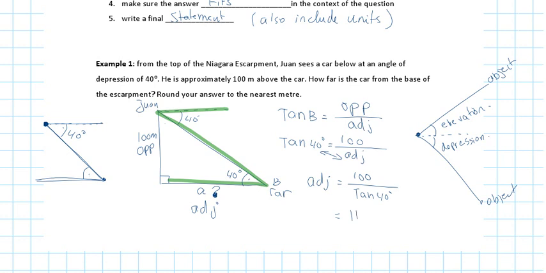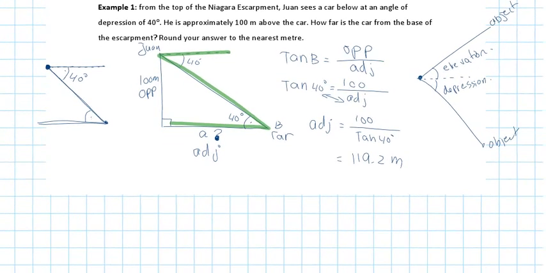So it's 119.2 meters. So now, what's my final step? Therefore, the car is 119.2 meters away from the base of the escarpment.